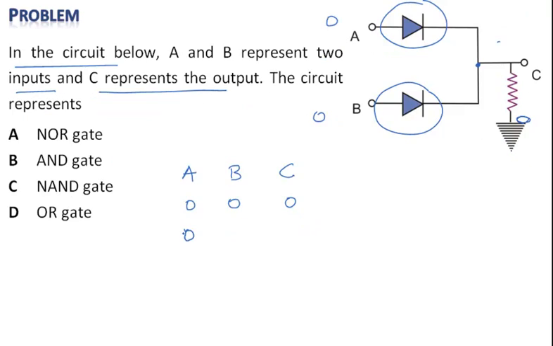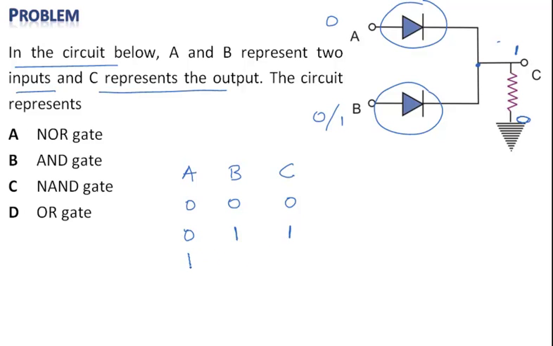Now let us say B is kept at higher potential. So let us say we write it as 1. So when this is 1, then there is no current in A, but due to forward biasing in B, current will flow, and this point will be at higher potential. That C will be at higher potential, so the outcome will be 1.